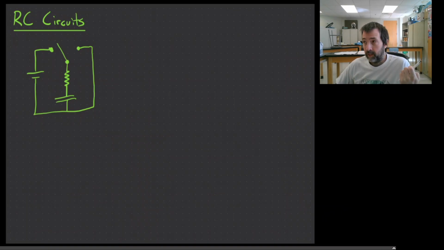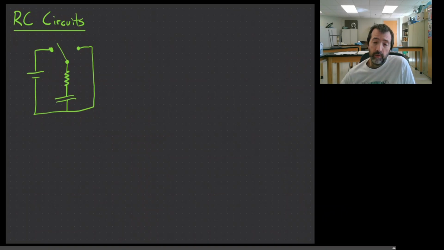And a circuit that contains only capacitors, if we idealize it, also reaches its steady state instantaneously. That steady state would be when the capacitors are at their full charge.